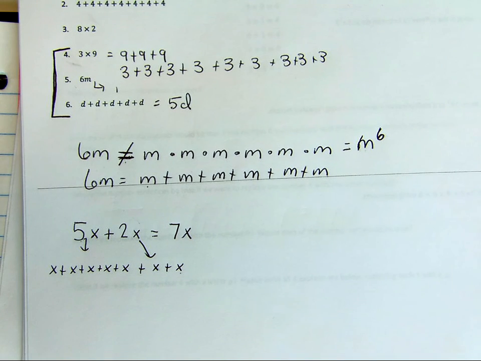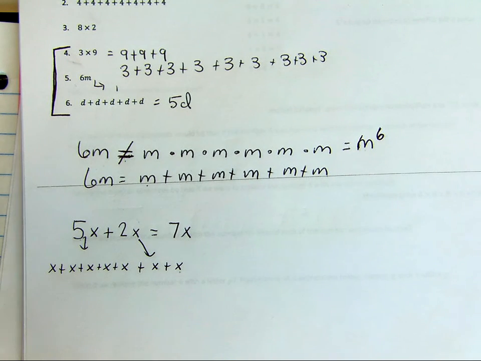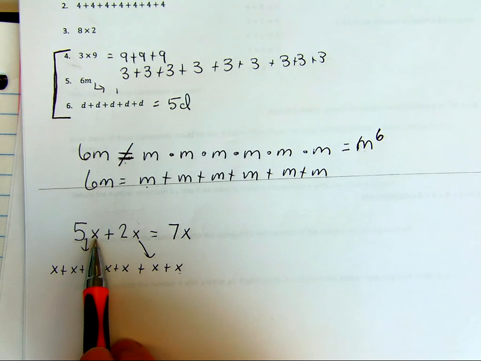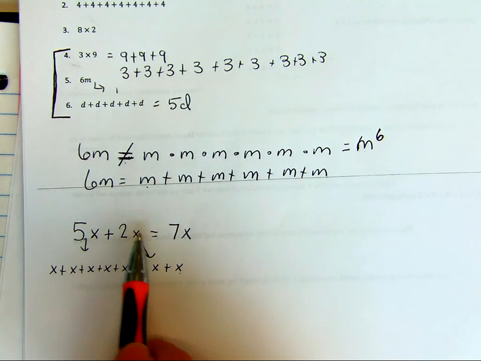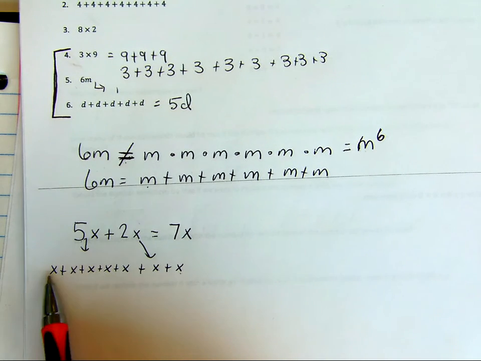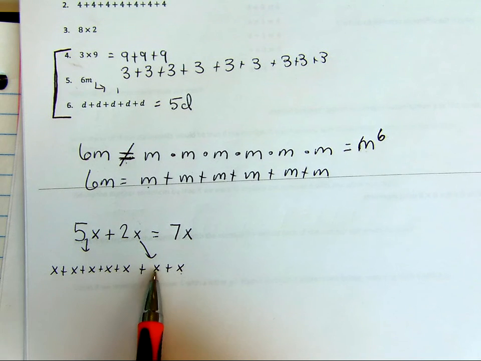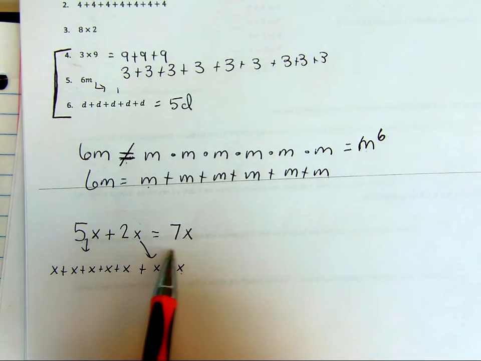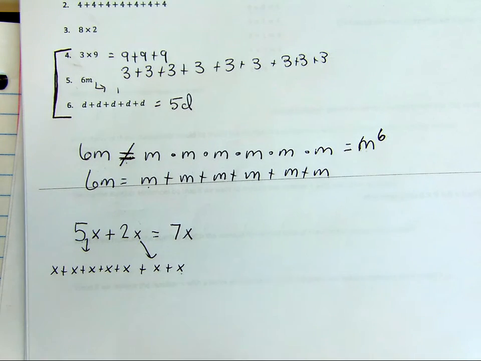This is combining like terms. It's adding together. The terms are the same. How are the terms the same? Because they're both x's. Because if I wrote them out in expanded form like this, there's 1, 2, 3, 4, 5, 6, 7 of them added together. So 7x would be what that is.